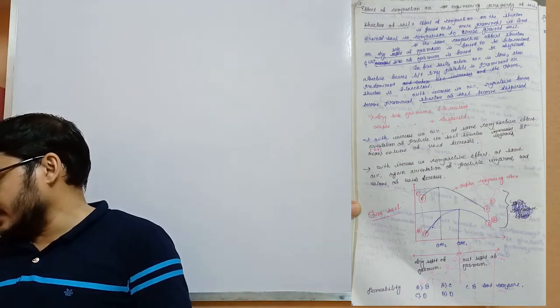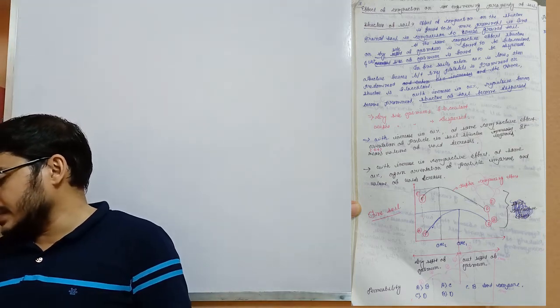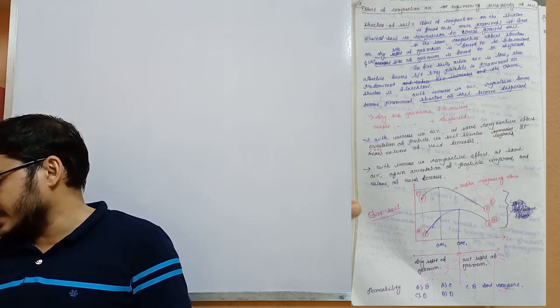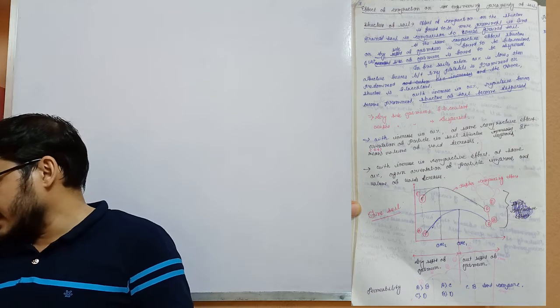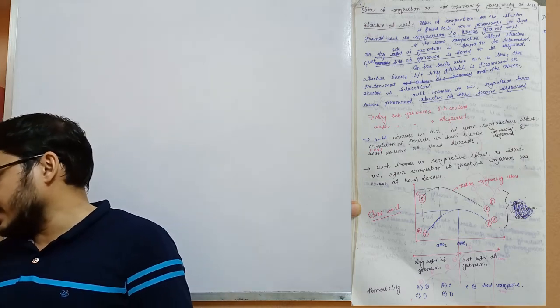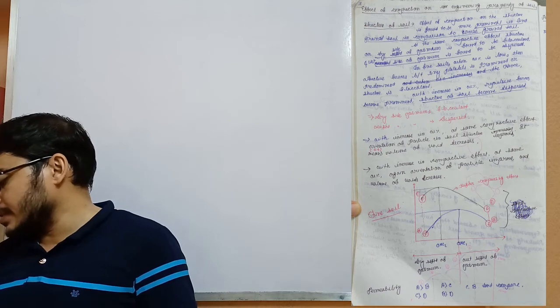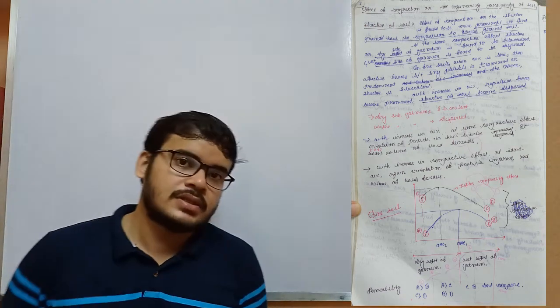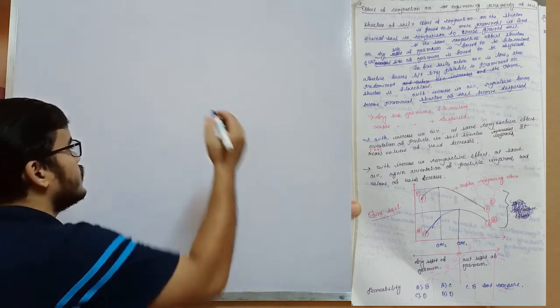In fine soil, when water content is low, then the attractive forces between the tiny particles are predominant, hence structure is flocculent. With increase in the water content, repulsive force becomes prominent, and the structure of the soil will be dispersed. Now look into this.